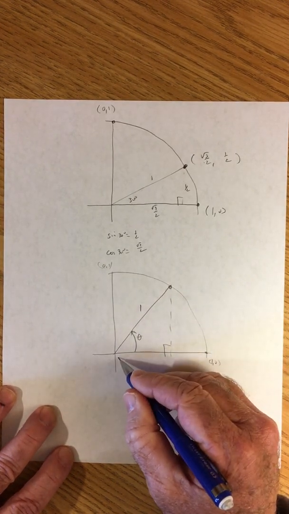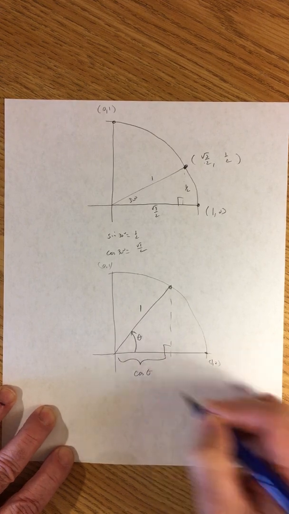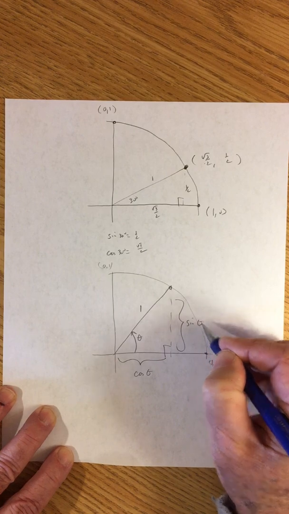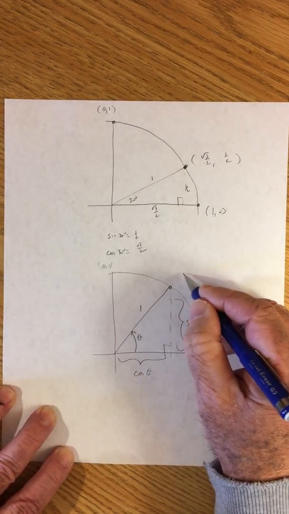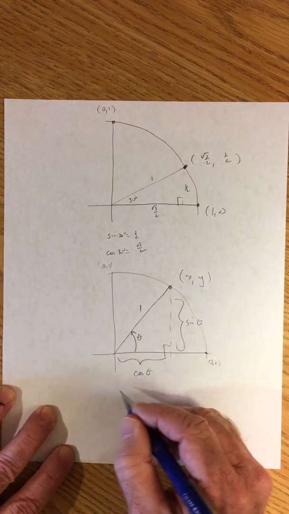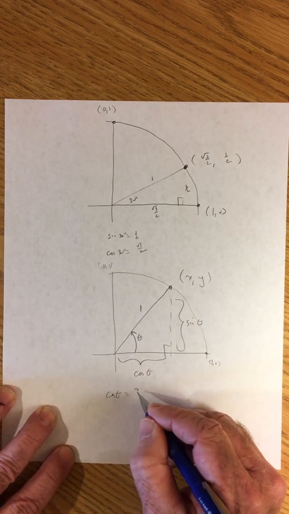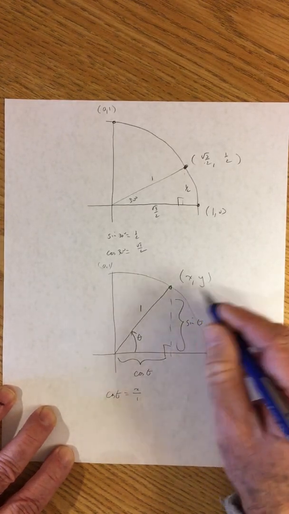This distance right here is cosine theta. This distance is sine theta. Now, the reason this is cosine theta is, say I have a coordinate x, y. That distance is x. Well, cosine theta of this angle is equal to x over 1. So x is cosine theta. Similarly, y is sine theta.